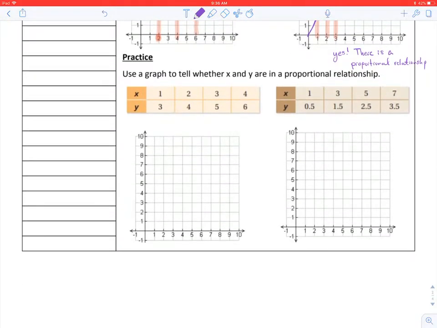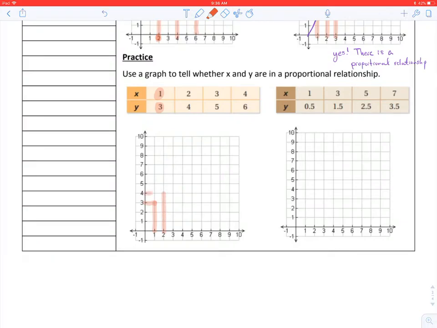Let's try another one. So we've got x is 1, where y is 3. So 1 up 3. And then our next point is 2, 4.